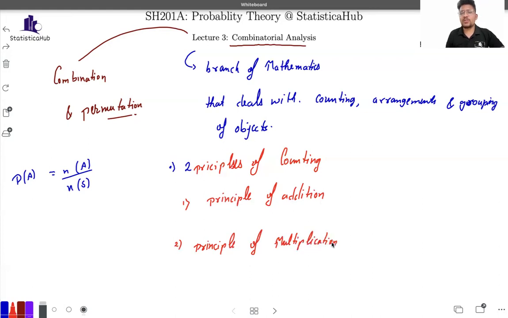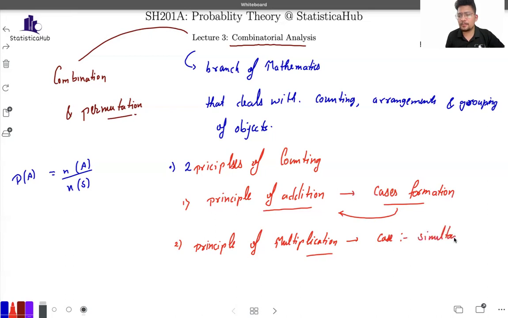Okay, moving to the concept of the principle of addition. Without going into much detail, I will go for a very generic, very easy format. Just remember this: when there are some cases that are formed, case formation, in that case we go for the principle of addition. And when the case is about simultaneous occurrence, then we go for the principle of multiplication.